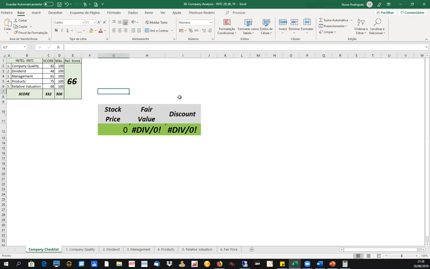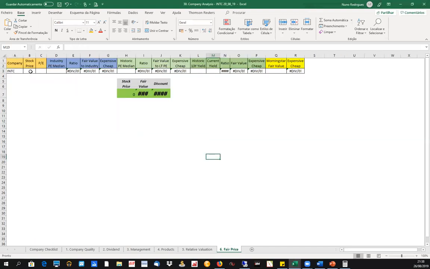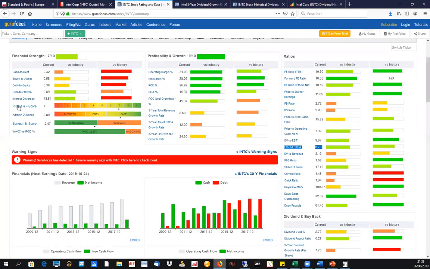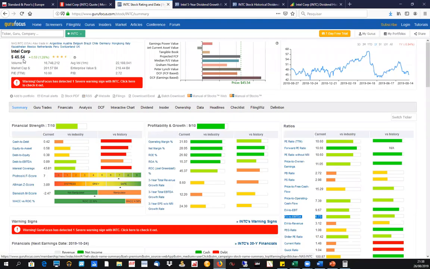Now, what would be the fair value for this company? Let's take a look. For the stock price, we can use Google Finance. As of today's close, 45.54.